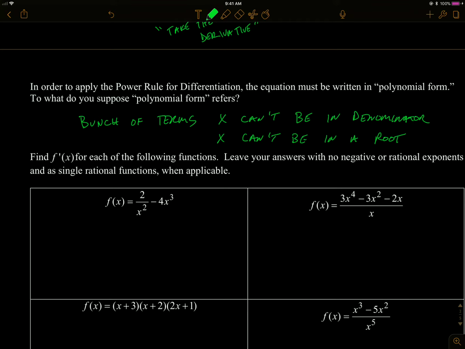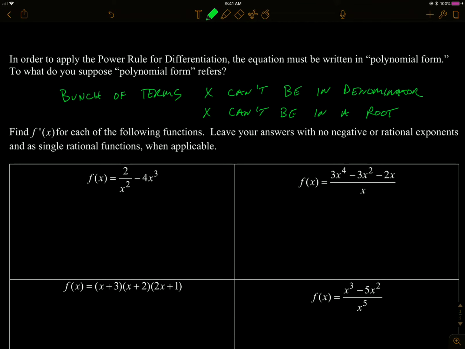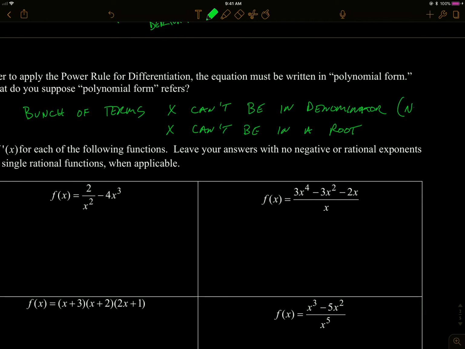So we want to change all x's in denominators to negative powers, right? We know with our algebra rules that will turn into a negative exponent, and a root will turn into a fractional exponent or fractional power.